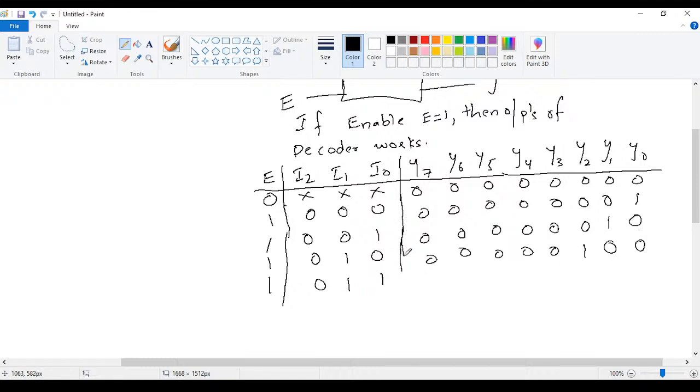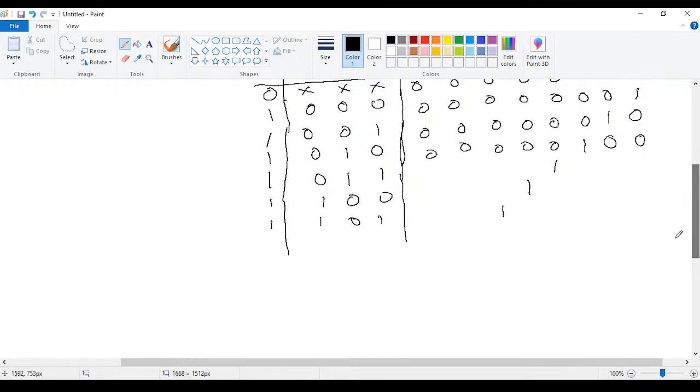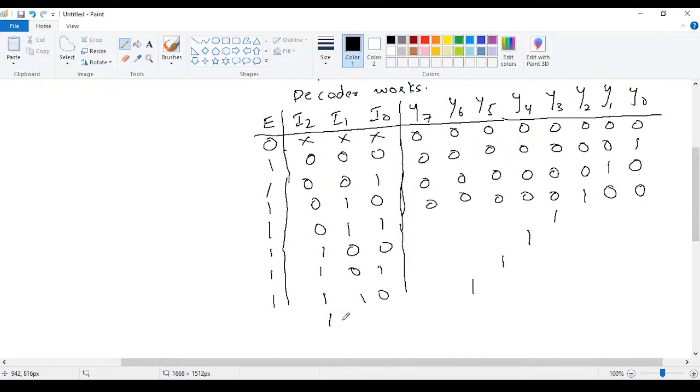Understanding, students? When 0 1 1, Y3 will be 1. 1 0 0 means Y4 will be 1, and with enable 1, 1 0 1 means Y5 will be 1. The same way 1 1 0 means Y6 will be 1, and 1 1 1 means Y7 will be 1.